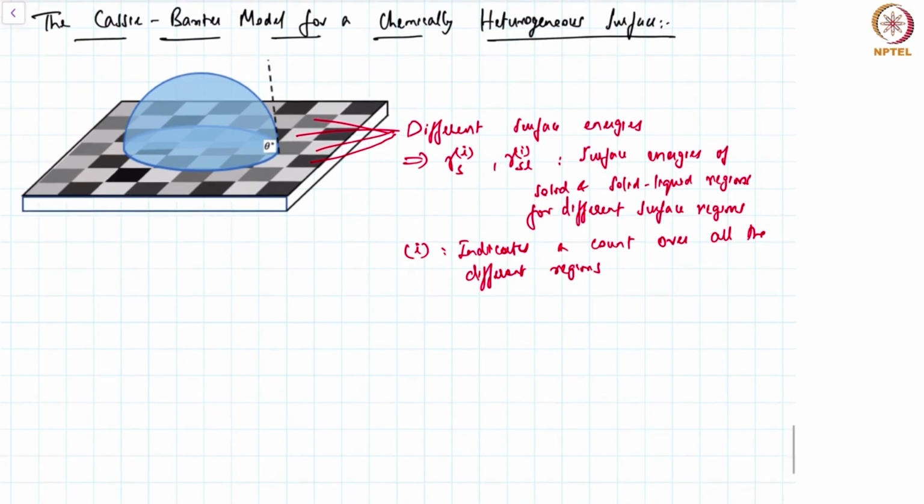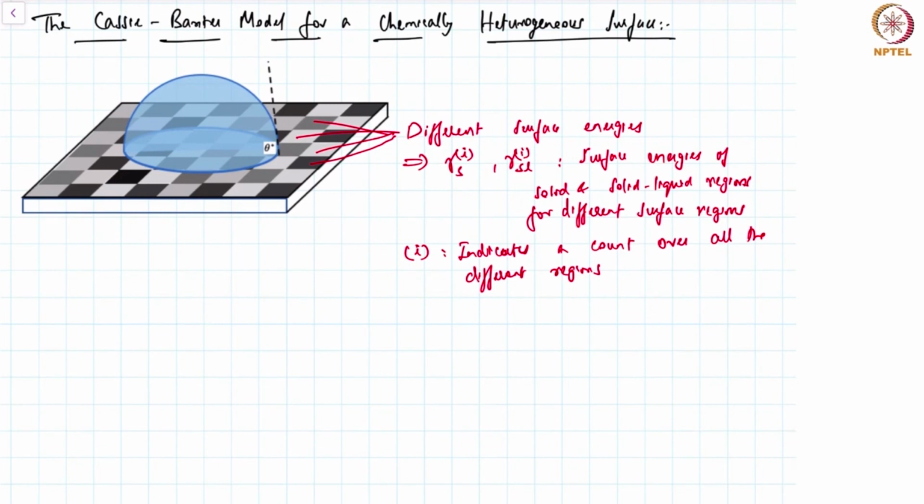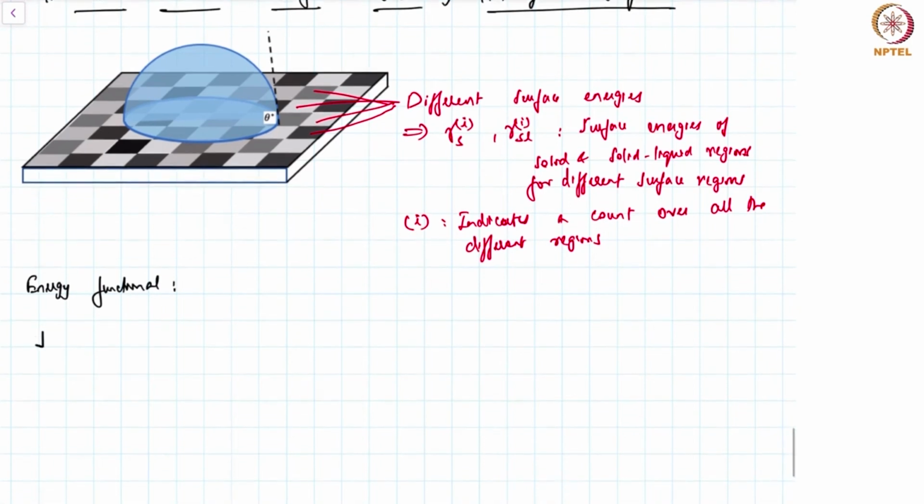So what's the idea here? The idea is that the energy functional, again we have the same thing here, J, which is a function of H, Hx. This quantity will integrate from 0 to A, where you have a droplet whose radial extent is A on the surface.